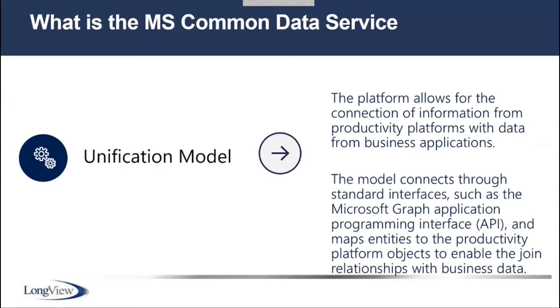And then there's the unification model. The unification model is a concept that allows all information across the products and platforms in the Microsoft stack to work under a common API. That is powerful for when we do any additional development.